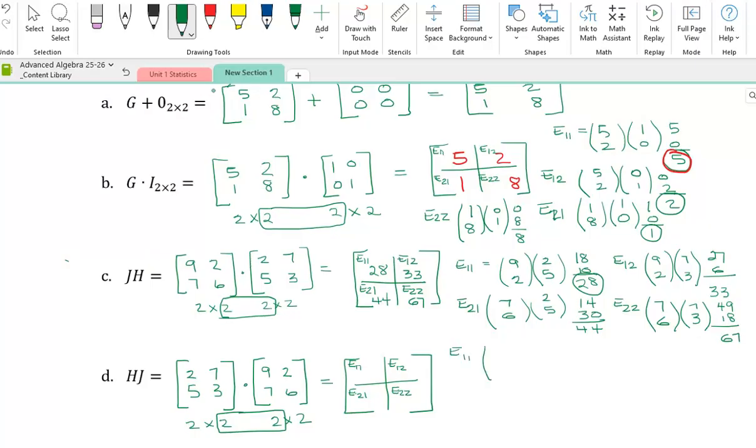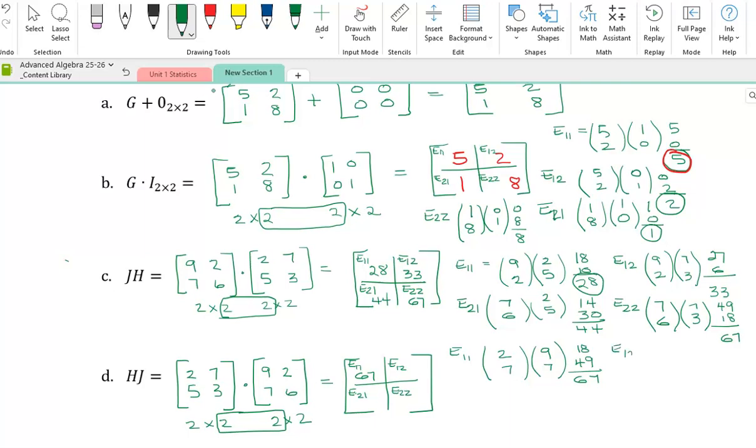E11. Row 1, 2, 7. Column 1, 9, 7. 2 times 9 is 18, 7 times 7 is 49. This is 67. Ooh, we might be going a little backwards here.